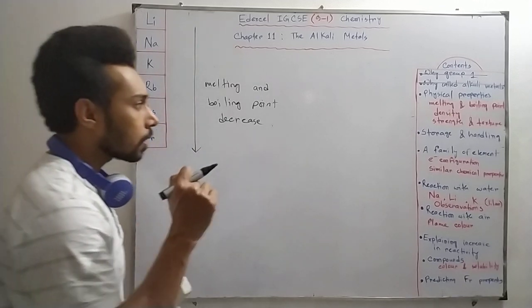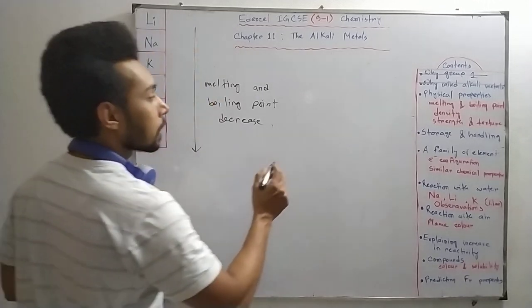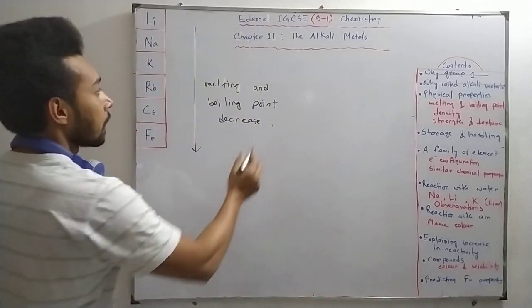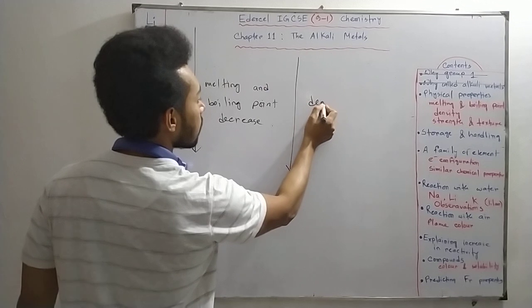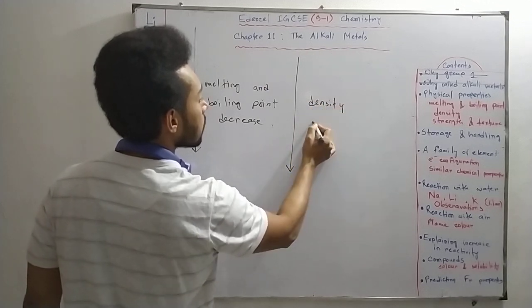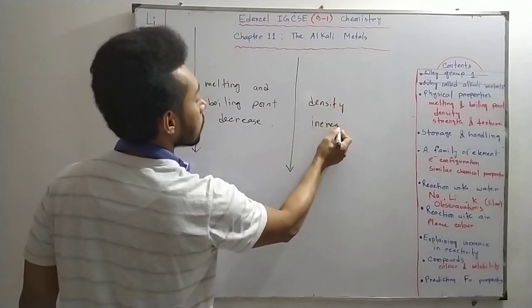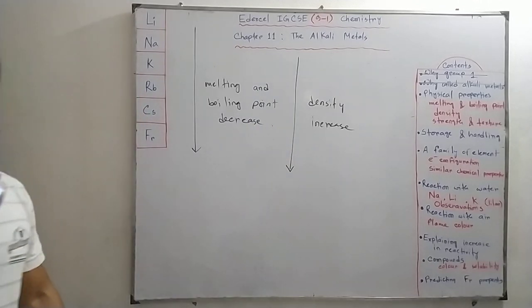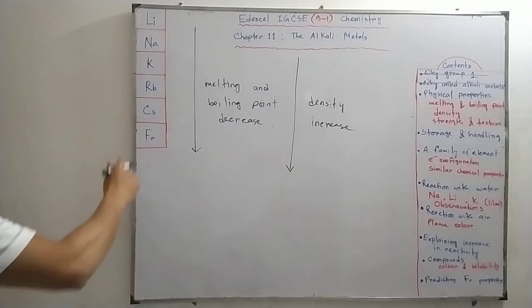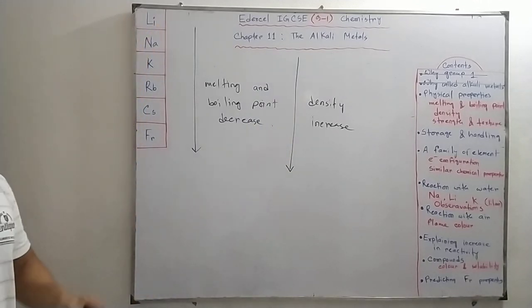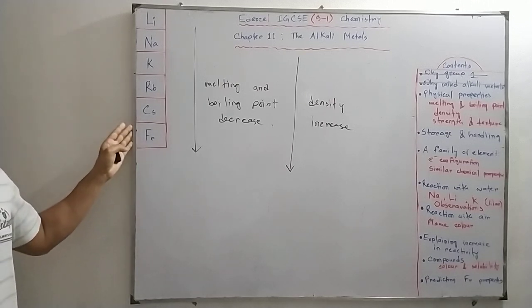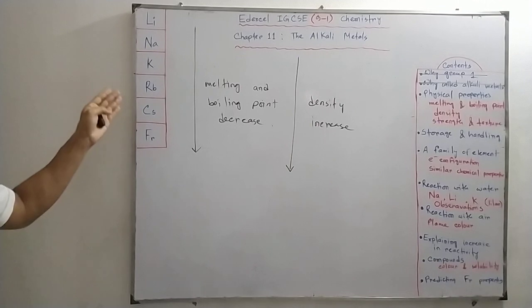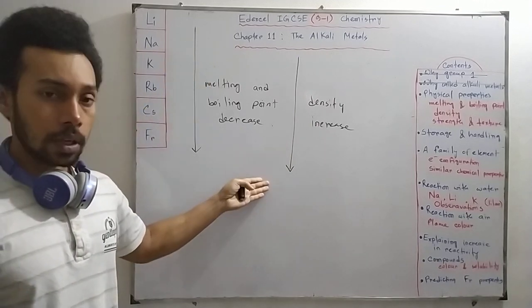Now density. Density increases down the group. But the density of these metals is not that high. They have very low density, and the density increases down the group.